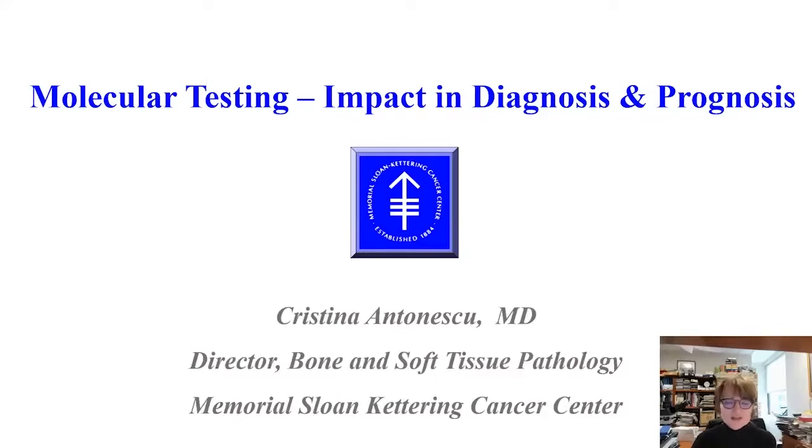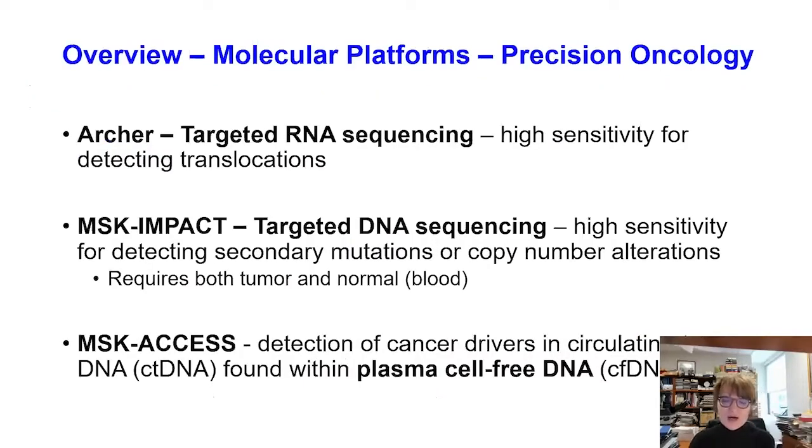I was asked for this meeting to cover a topic on molecular testing and how that impacts the diagnosis and prognosis of epithelioid hemangioendothelioma. So I will go over mainly 3 relatively new genomic methods that we provide here at Sloan Kettering.